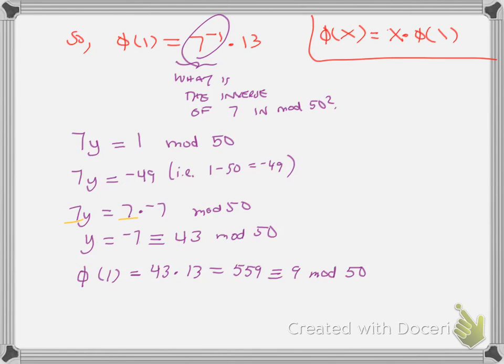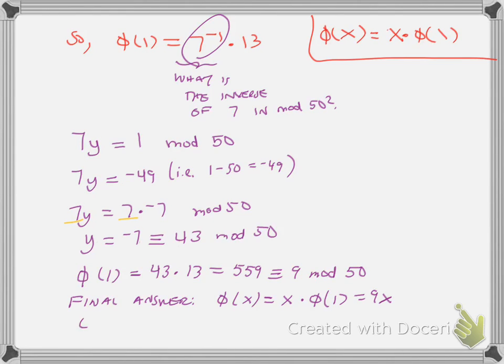And so for our final answer for this particular problem, given that phi of 7 is equal to 13, phi of x will be what? Well, it's x times phi of 1, and we just saw that phi of 1 is 9, so it's 9x, okay?